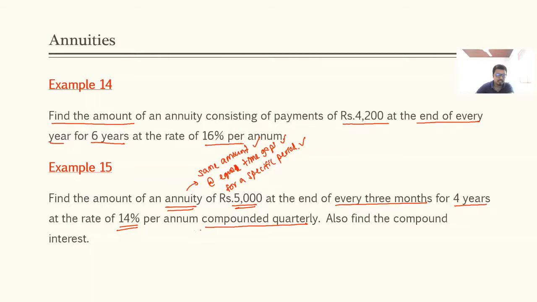Compounded quarterly. If it compounds more than once a year, we need to make an adjustment. That one you know. We have done that several times.